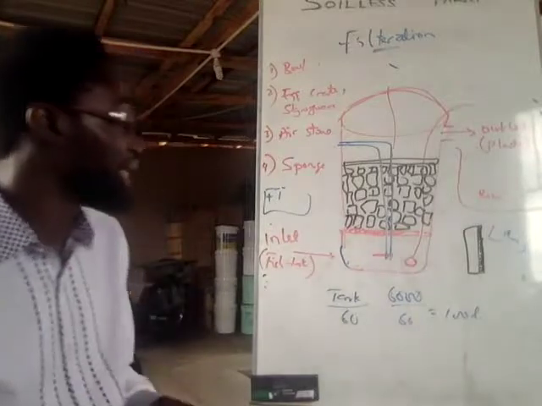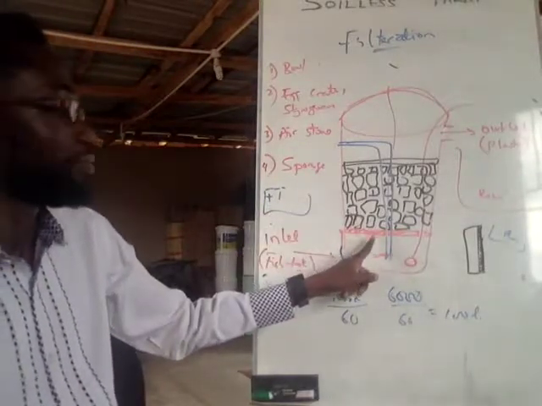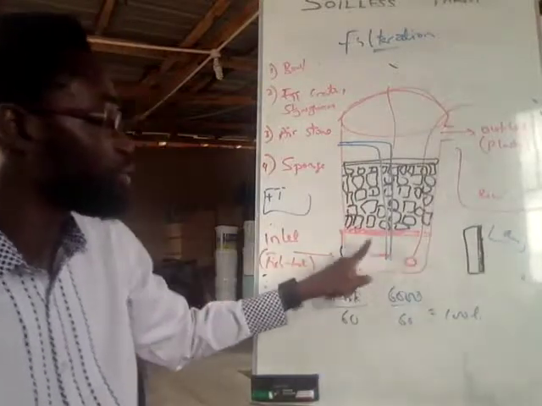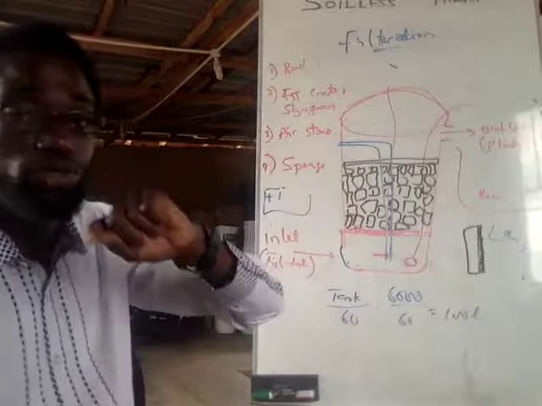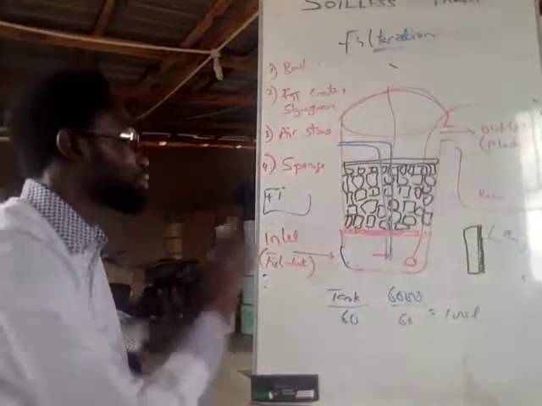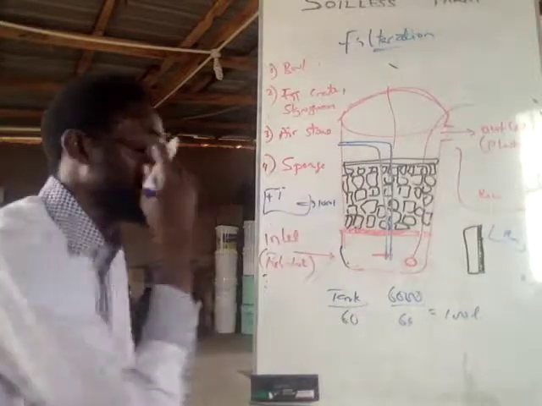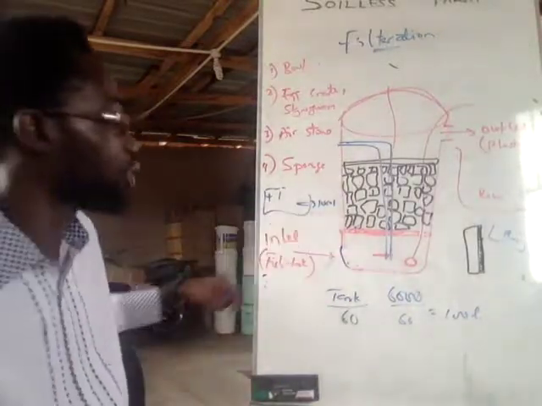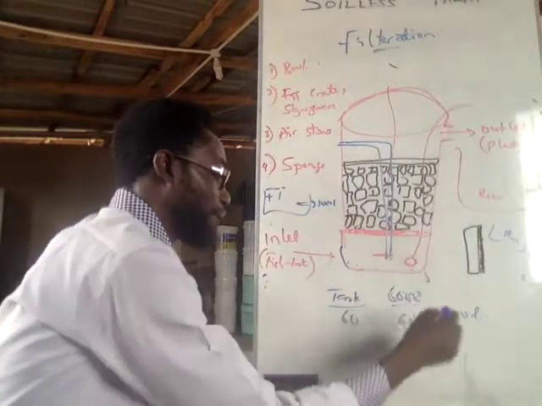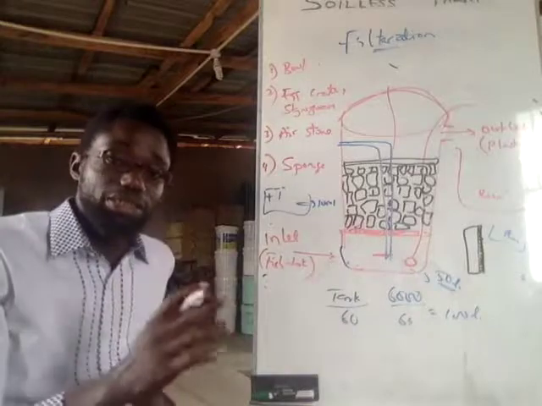We need to know the water moved from here to here, plus the water that is inside here. Let me explain it this way. If the total volume of this is 1,000 liters capacity, and anytime I pump water, my biofilter can take, for example, 50 liters.